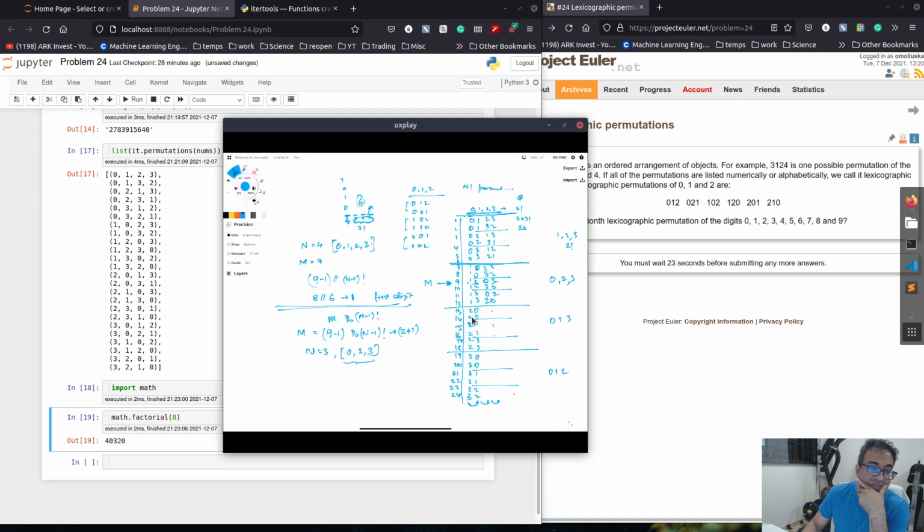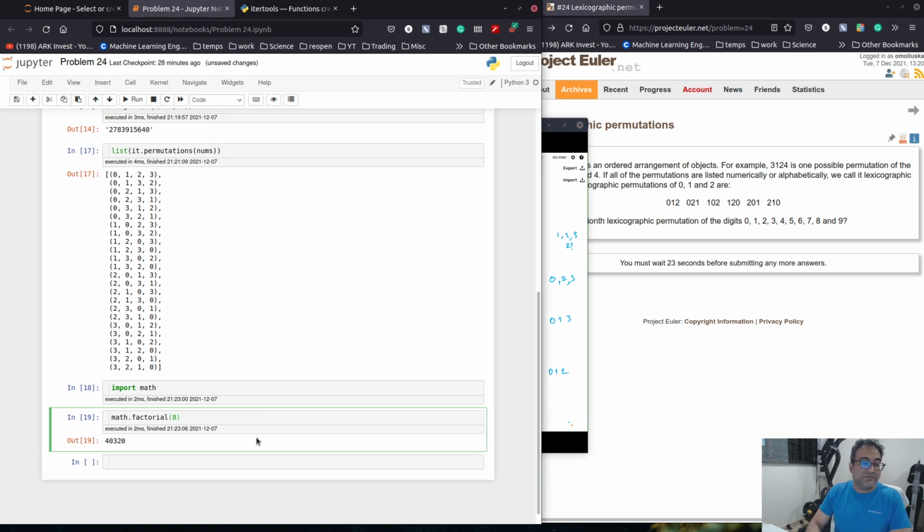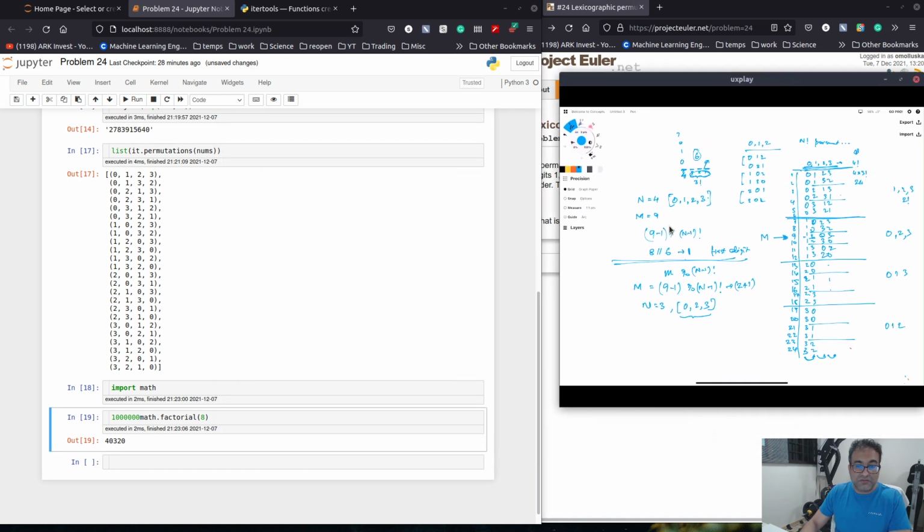There are 8 factorial zeros, that many ones, that many twos, and so on. So if we do 1 million, if we have 1 million, 1 million minus 1. Okay.